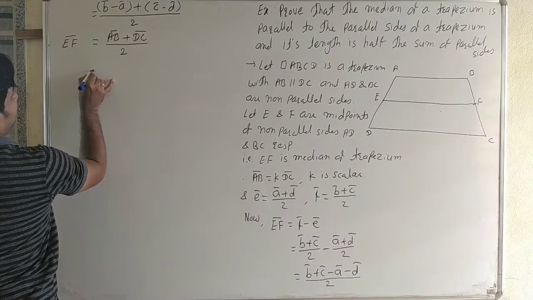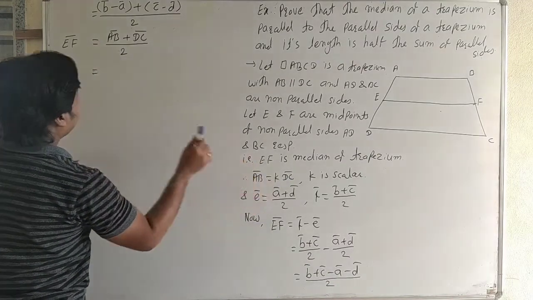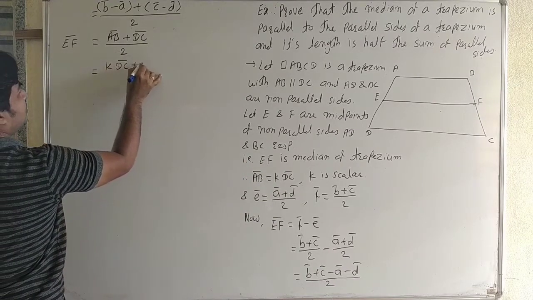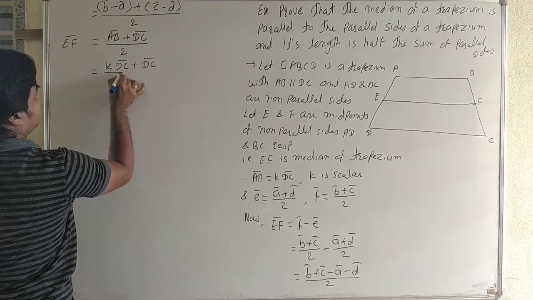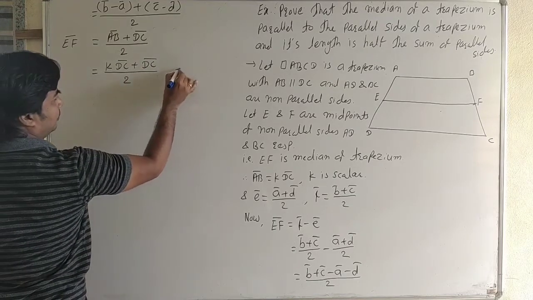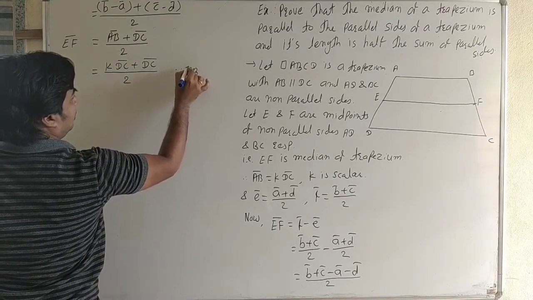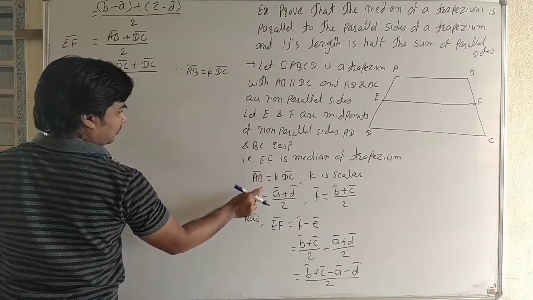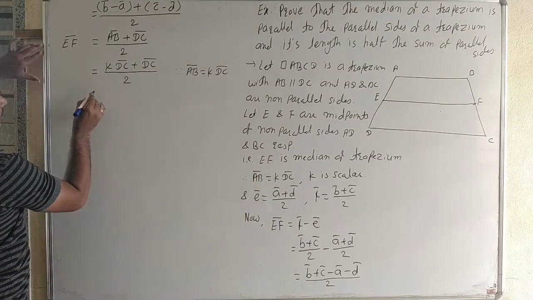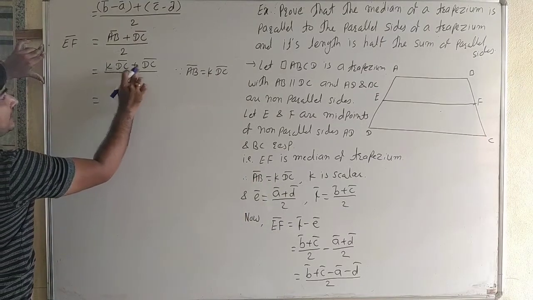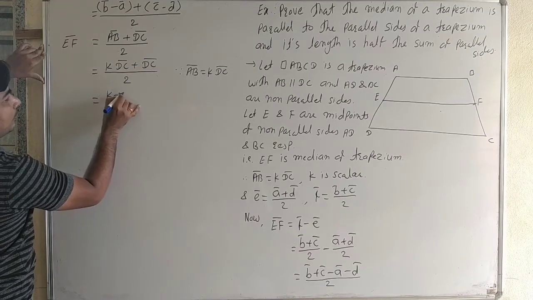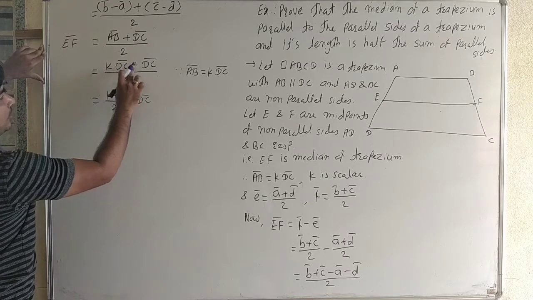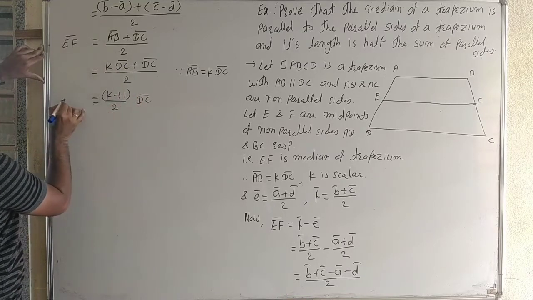Again AB is equal to K into DC, since vectors AB and DC are parallel, therefore we can write (K DC plus DC) upon 2. Taking DC common, EF is equal to (K plus 1) upon 2 times DC.